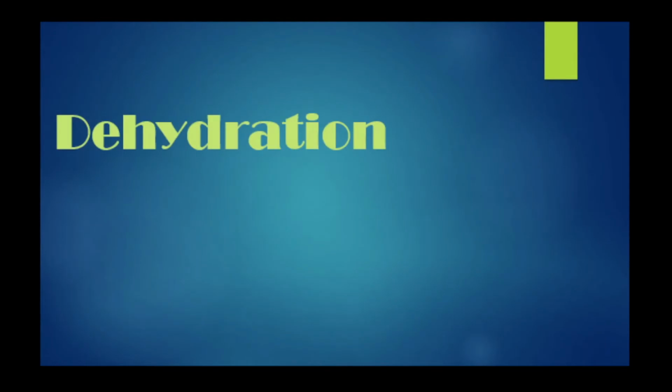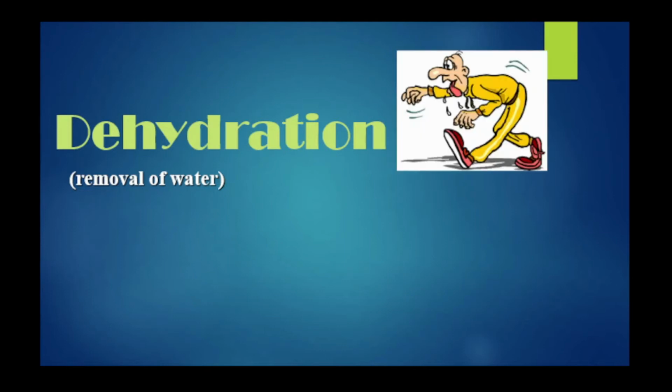Now, first, what is dehydration? Dehydration, from the word itself, dehydrate. When we say dehydrate or dehydration, it is to remove something. It is the removal of water. In order for us to build something again, we need to remove something, which is the water.